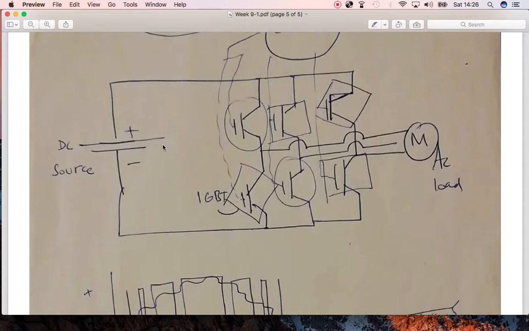Then after a 120-degree phase difference, these two will be on and current will flow from here to here towards the motor, and then drain from here. Then after another 120-degree phase difference, all other IGBTs will be off and only these two will be on, and the direction of current will be from here to here towards the motor and then drain.